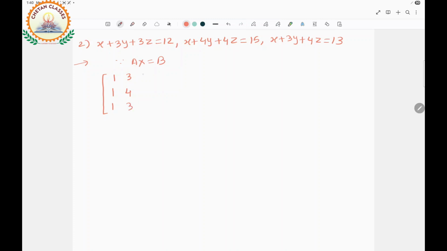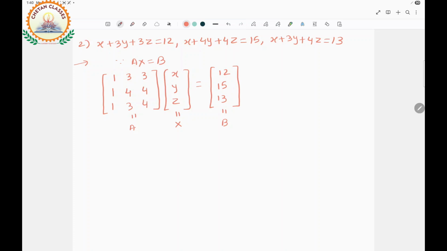And third column means coefficient of z, that is 3, 4, 4. X means unknown, that is x, y, z, and B means constants, that is 12, 15 and 13, where this is our A matrix, this is our X and this is our B.